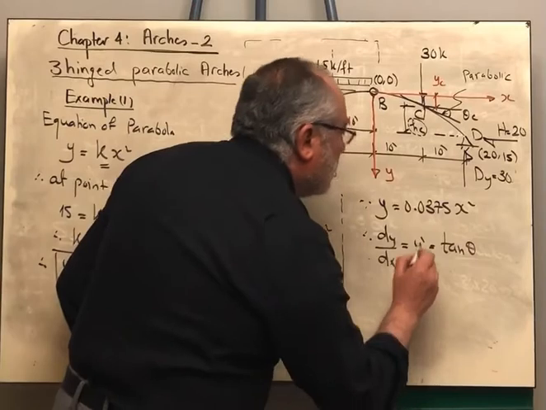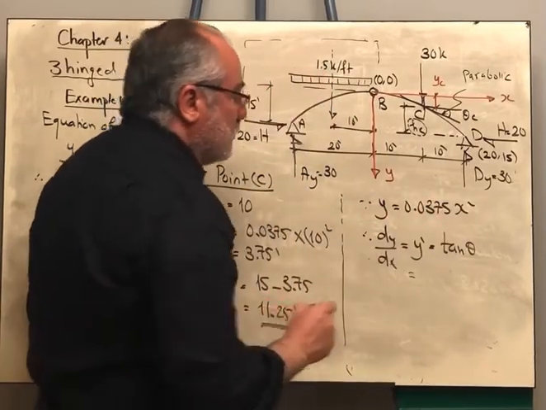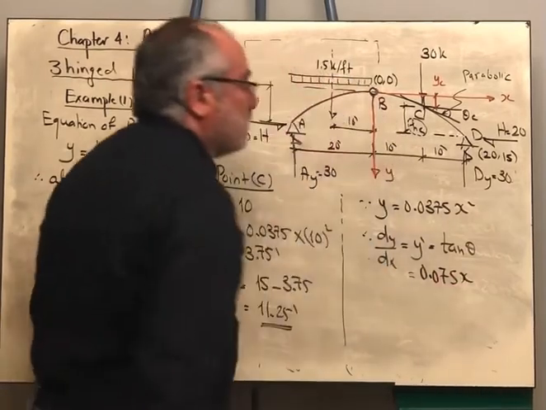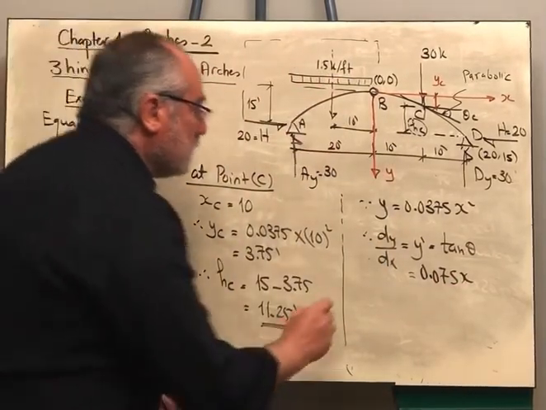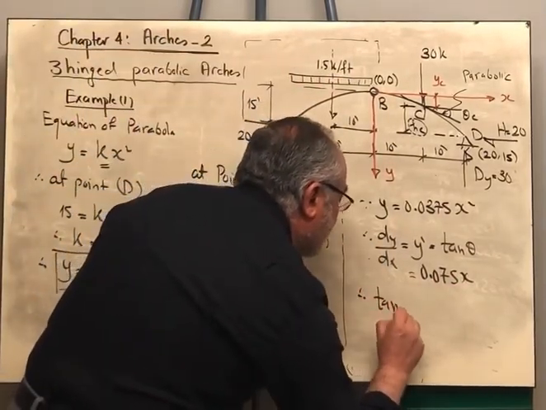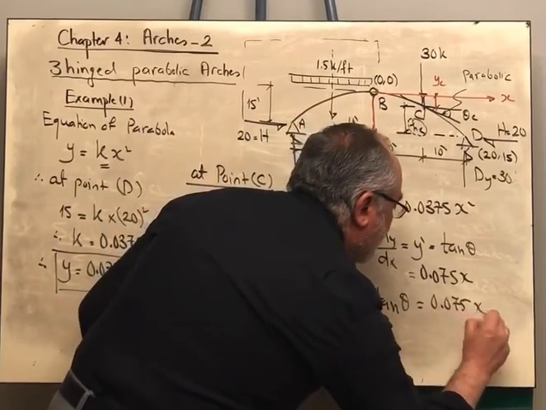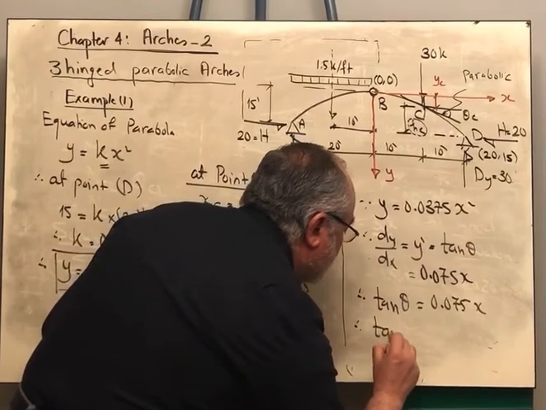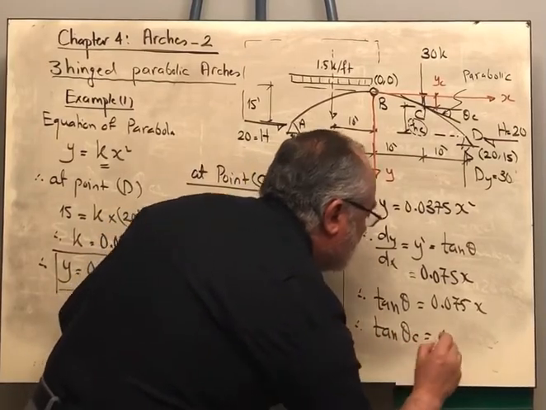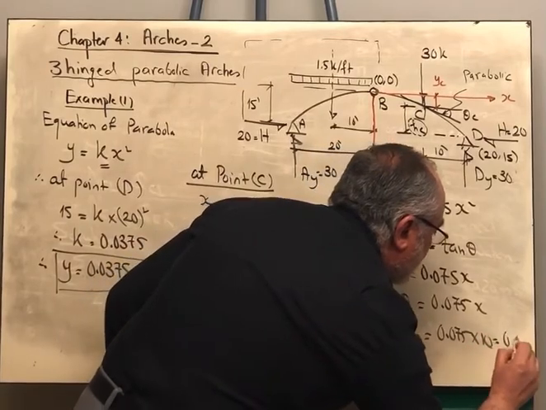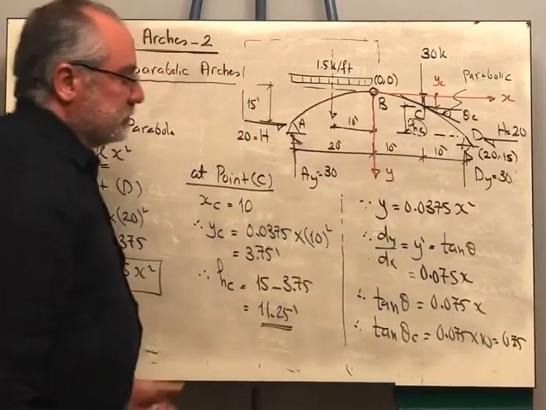If you take the first derivative, it will be 0.075 multiplied by x. Therefore tan theta is equal to 0.075x. Therefore tan theta c is equal to 0.075 multiplied by 10, which is 0.75.